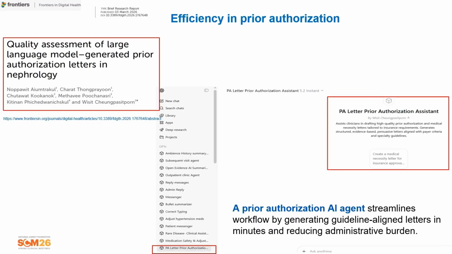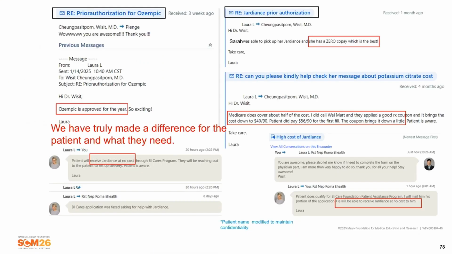That helps me with many tasks that in the past took me a lot of time. For example, prior authorization. Now I have a customized GPT where I put the instructions and also a knowledge base about prior authorization and how a prior authorization letter should be. This is successful in getting patients able to use the medications they need.